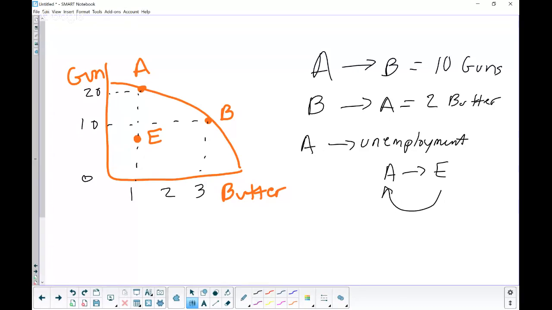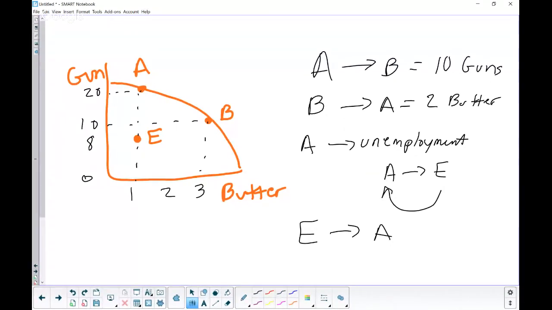Okay. Is there a movement here that we have that would not have an opportunity cost? So is there a movement on the graph that we would not see any opportunity cost? And that would be, again, from E to A. Because notice with this one, and this is not something we've talked a whole lot about, but notice at point E here, we've actually decided to produce at E, say we're producing maybe 8 guns, and we're producing 1 of butter.